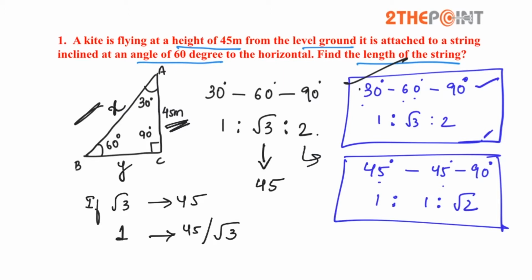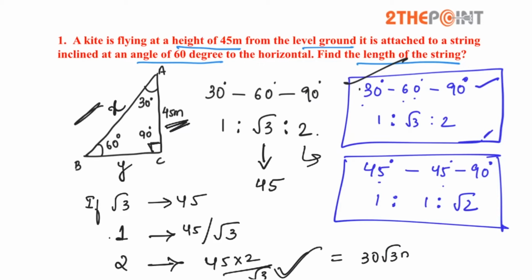And for 90 degree, that is for 2, the value is 2 times of 1, that is 45 into 2 by root 3. Here we have to find the length of the string, that is the hypotenuse, the opposite side of 90 degree. So the value is 45 into 2 by root 3, which is same as the usual method. We get the value as 30 root 3 meter.